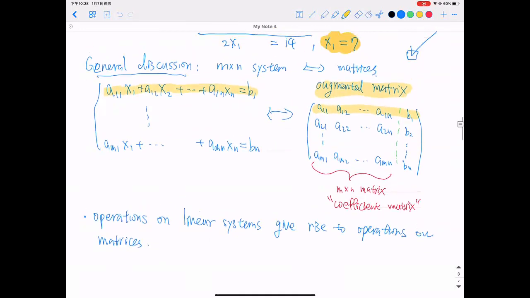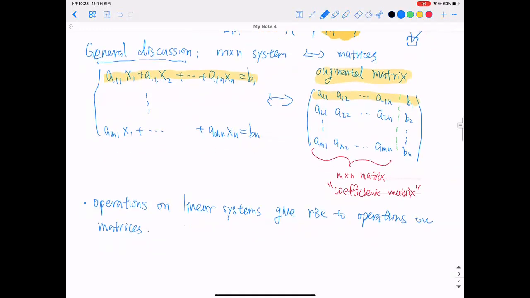So these elementary operations that we've seen before on linear systems give rise to what we call row operations on matrices. And that's what we can describe now.